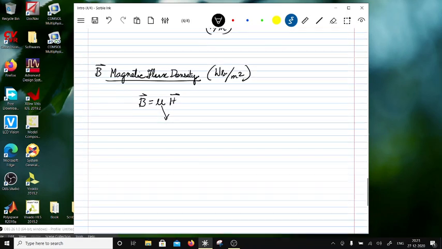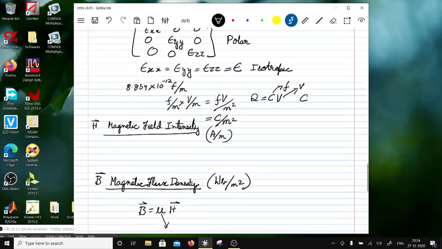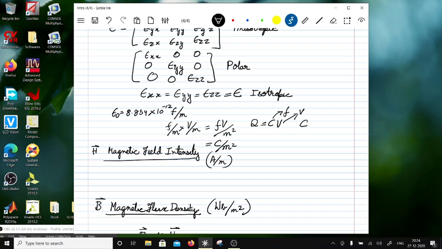Usually we deal with non-magnetic material, in which case mu is the same as the mu of free space. Epsilon would be equal to epsilon 0 times epsilon r, where epsilon r becomes a pure number, and epsilon 0, the permittivity of free space, is 8.854 times 10 raised to minus 12 farad per meter.